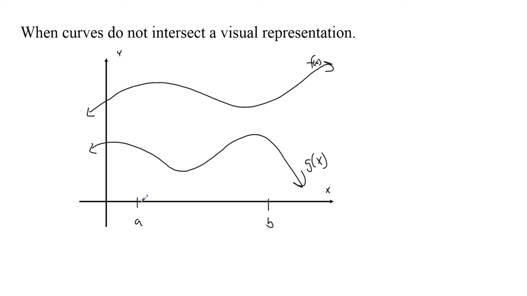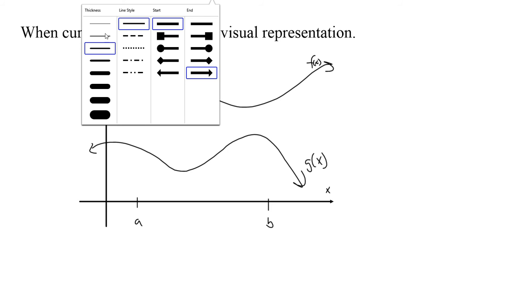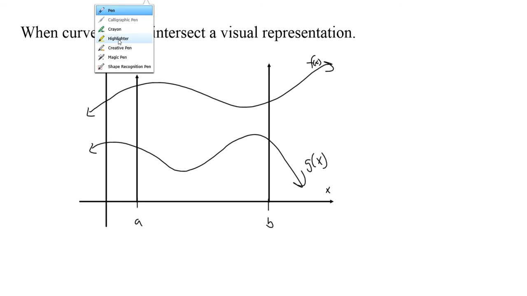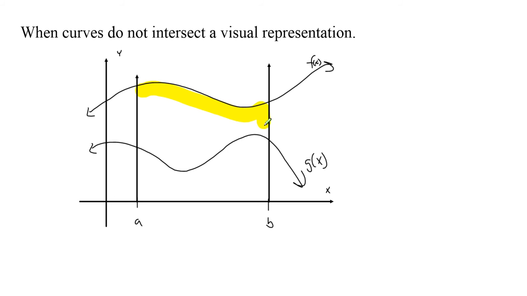And for every value of x inside this interval from a to b, f of x is bigger than g of x. So what we can do is we can draw two fairly simple lines. Let's make it kind of small right here. And we can find the area between those two curves as a highlighted region, this region right here.